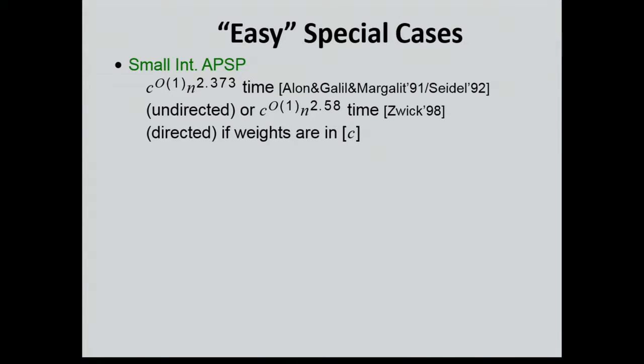There have been results by Alon, Galil, and Margalit already from the early 90s, and by Seidel, showing that if you're looking at an all-pairs shortest path where all the weights are integers within 1 to c, then you can solve it with a factor depending on c and n to the 2.373 if it's an undirected graph, and if it's directed, it's a little bit worse.